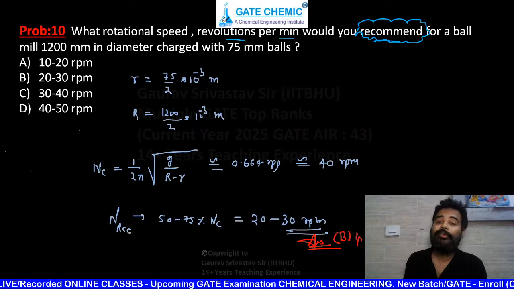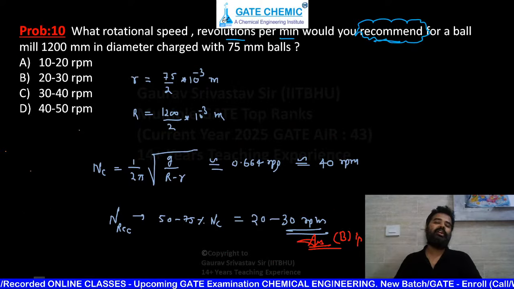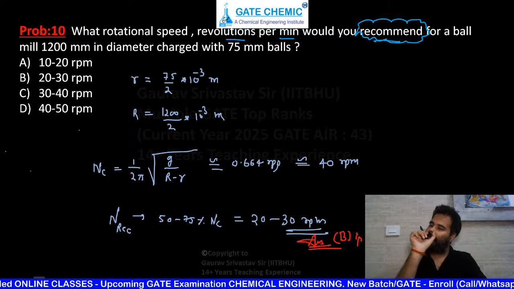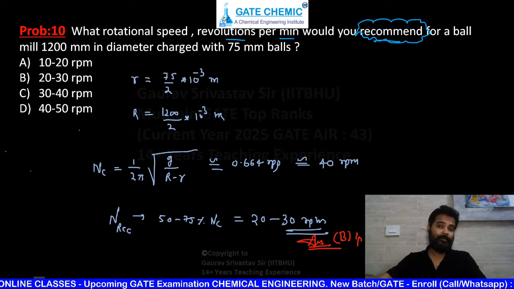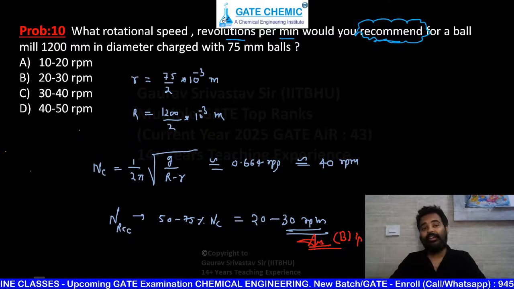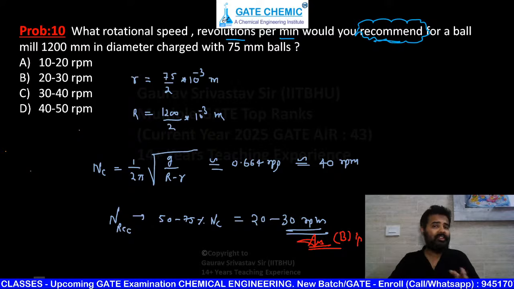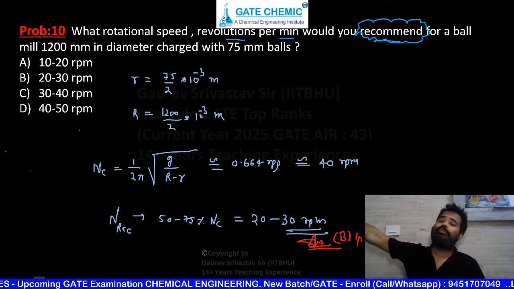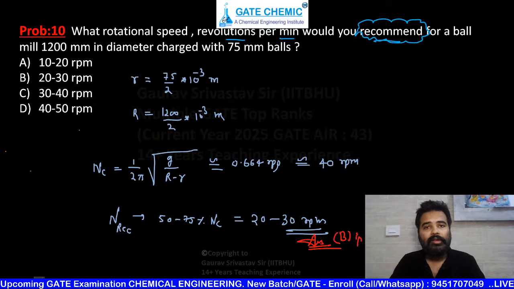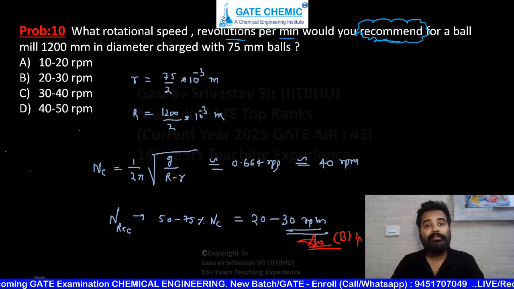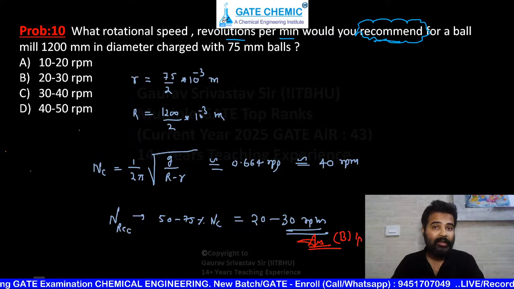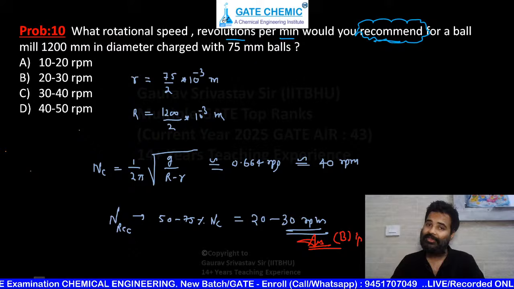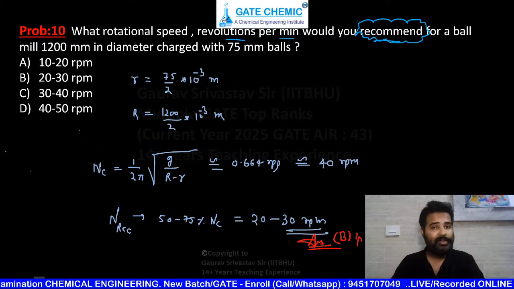Okay, so if someone asks you about a recommendation, you have to calculate critical speed, and 50 to 70% of that critical speed you are going to recommend, because you can't recommend critical speed itself. At critical speed, the balls are not going to separate from the surface, and in that case no grinding occurs. So that is not our desirable condition for size reduction.